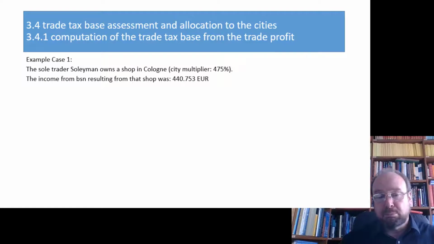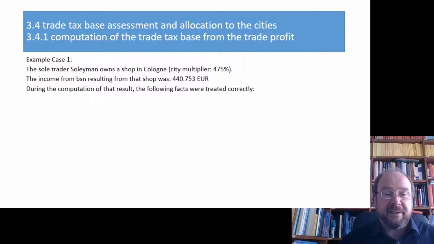And then, okay. The income from business resulting from the shop in Cologne was 440,753. I don't know why I chose that number, there is no reason. But during the computation of that figure, the following facts were treated correctly.